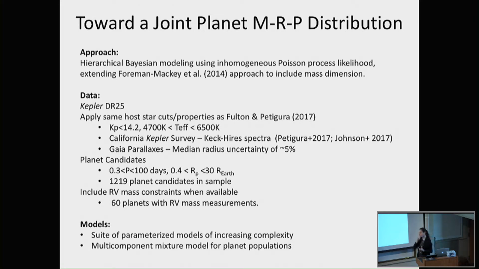In what I'll present today, I'll show results with a suite of parameterized models. Essentially, we consider a variety of models parameterizing the joint mass-radius-period distribution, each of successively increasing complexity.